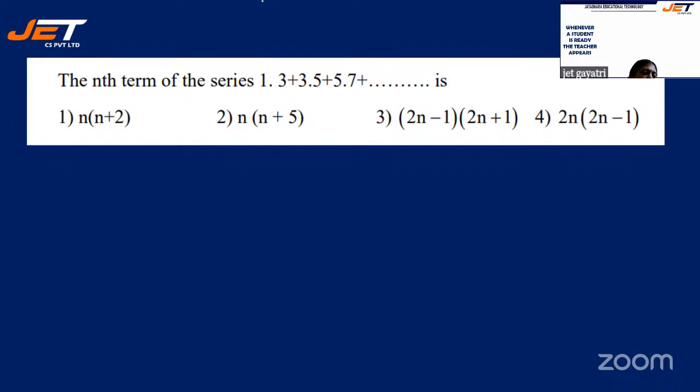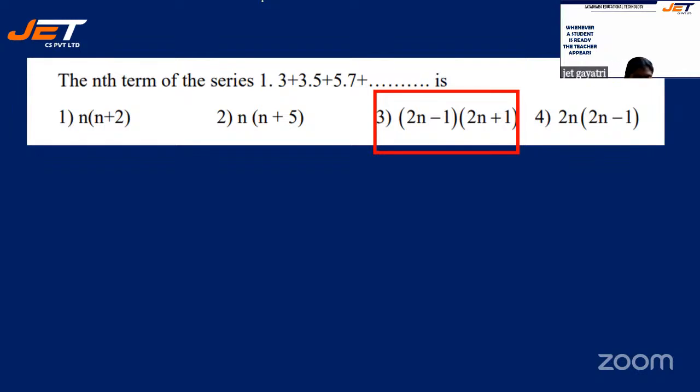In fact, you all can definitely do it. 10th term. Just verify the options. I'll give you 1 minute to work it out and get the answers. Okay, it should be option 3, 2n minus 1 into 2n plus 1.